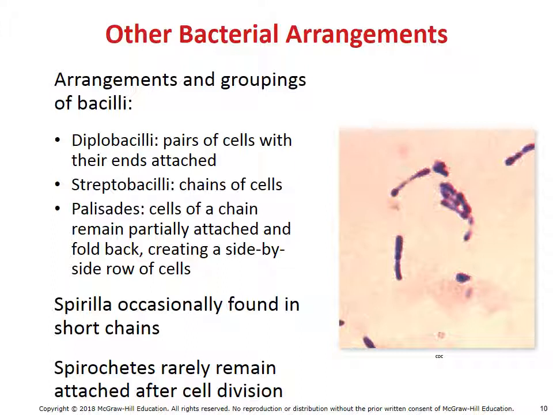We see palisading cells. So unlike the strepto that are tip to tip, palisading cells are attached to each other lengthwise, so they look like pickets in a fence. Overall, spirilla and spirochetes don't typically group together, but spirilla on very rare occasion can be found in short chains.